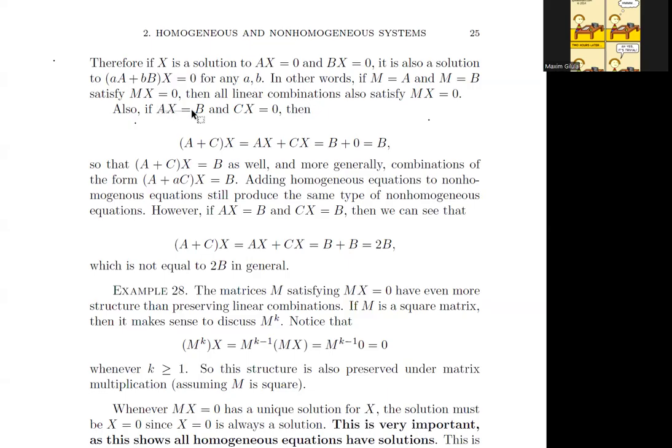Also, if Ax equals b and Cx equals 0 for the same x, then (A plus C)x, well, Ax becomes b, but Cx becomes 0, so this is still equal to b. So (A plus C)x equals b also if Ax is b and Cx is 0. And more generally, (A plus aC)x equals b as well.